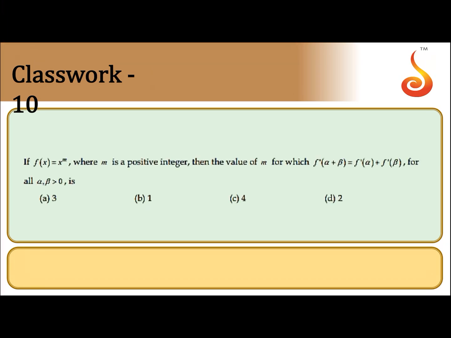Coming to the 10th one. f of x is x to the power of m. Find a positive integer m such that f dash of alpha plus beta is equal to f dash of alpha plus f dash of beta. So f of x is equal to x to the power of m, and f dash of x is equal to m x to the power of m minus 1.